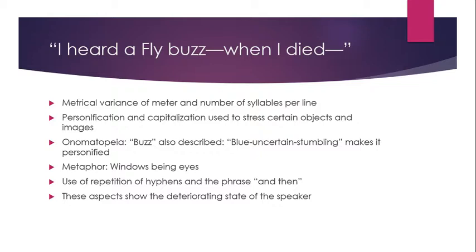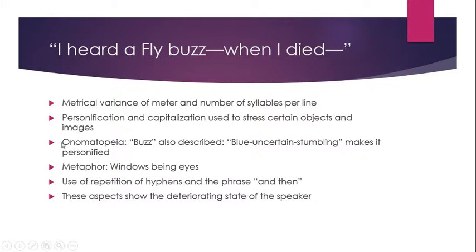If we can think of this hyper-sensualized experience where not only is the sound something that you hear, but it appears to be blue and appears to be stumbling and uncertain. So that depicts where the speaker is in her process of death.